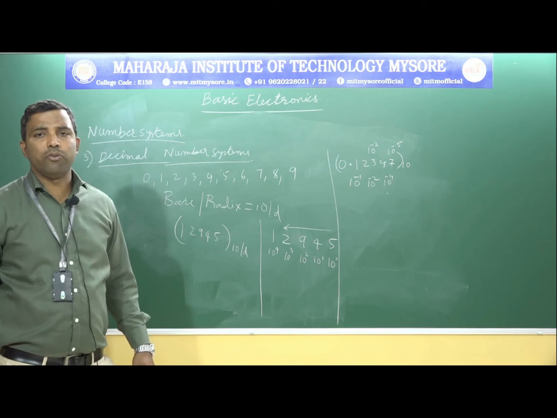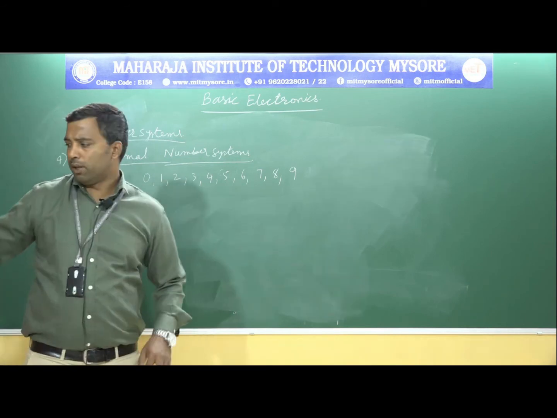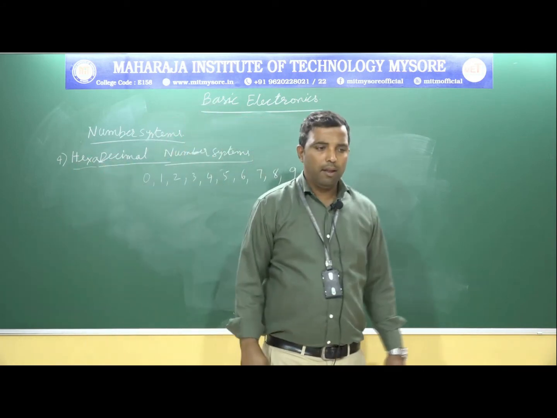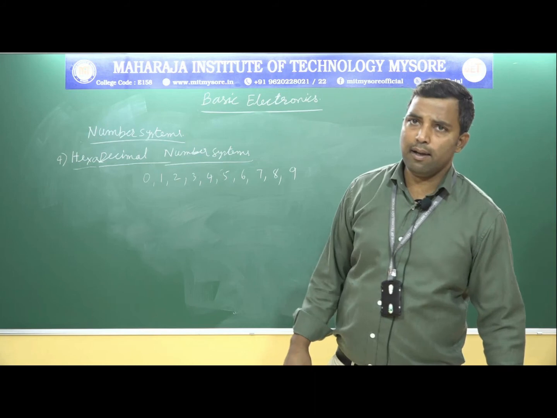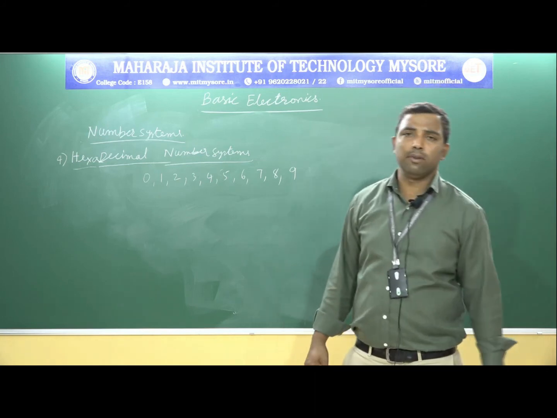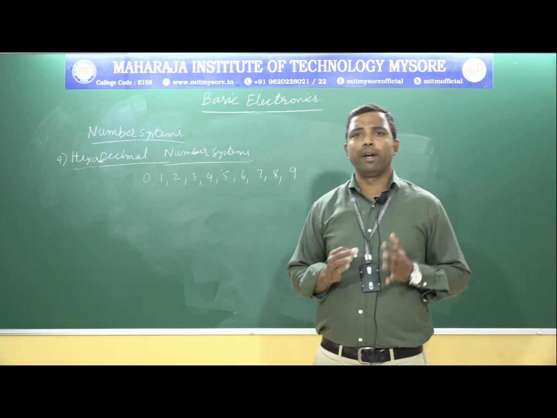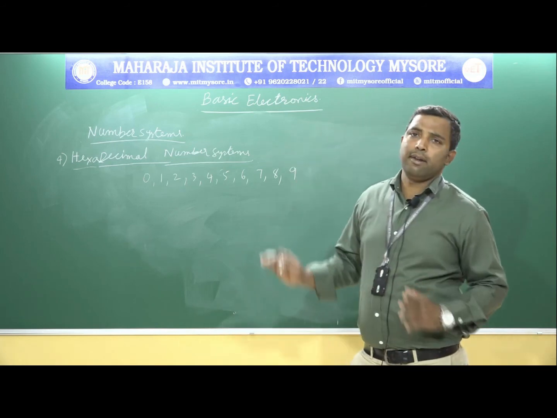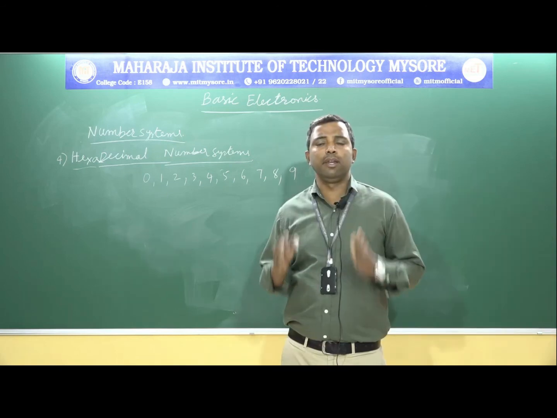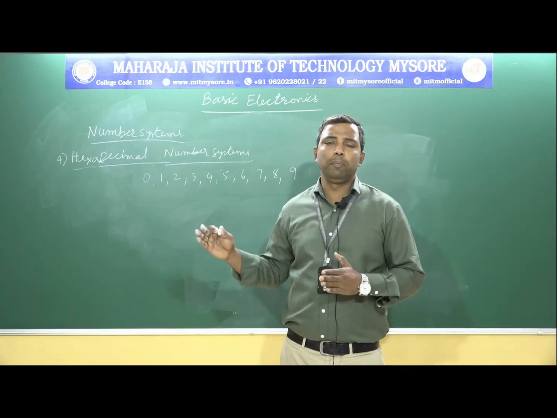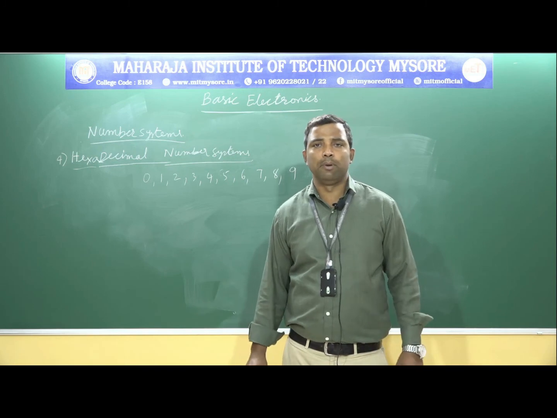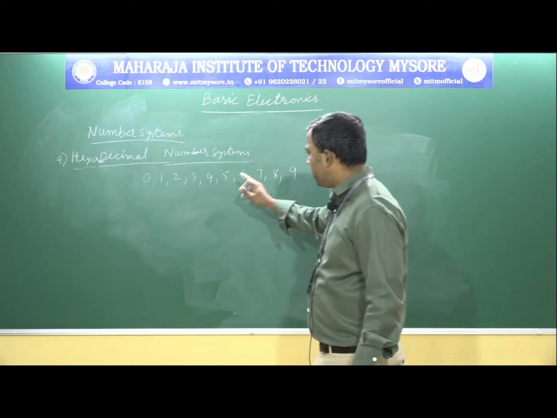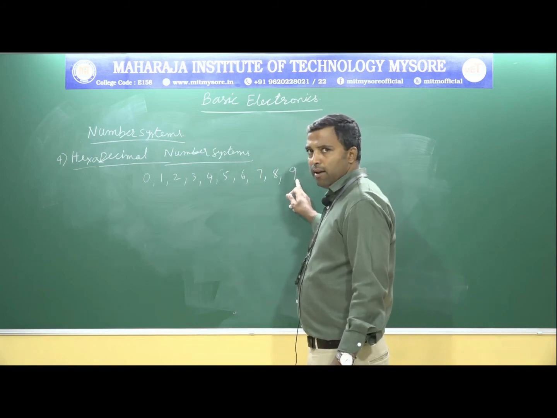Next is the hexadecimal number system. The name indicates hexa, which means 16. In the hexadecimal number system, 16 symbols are used to represent numbers: 0, 1, 2, 3, 4, 5, 6, 7, 8, 9.